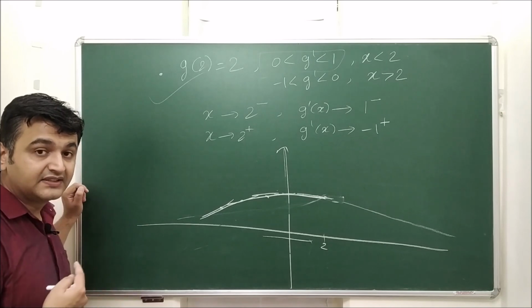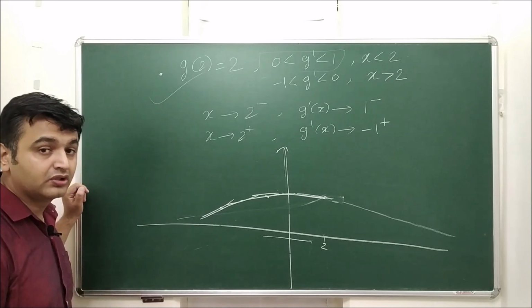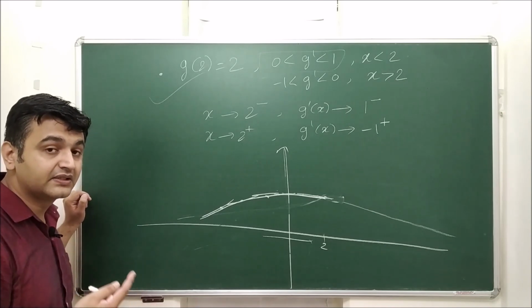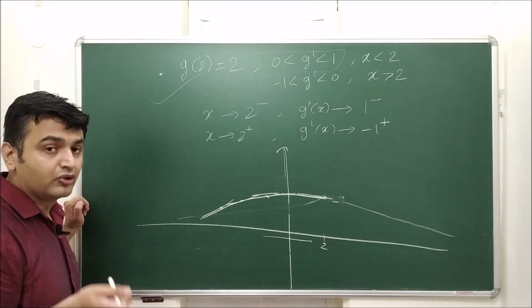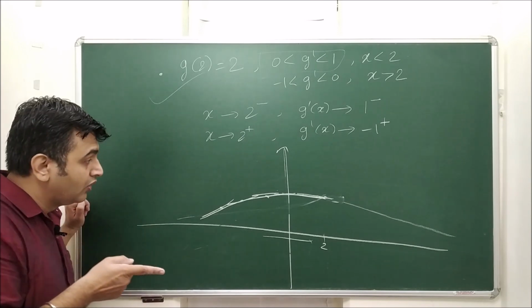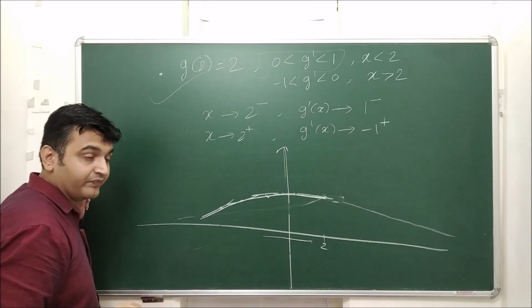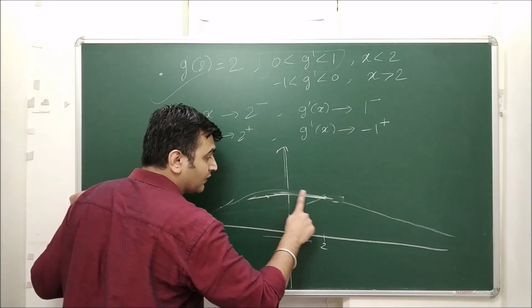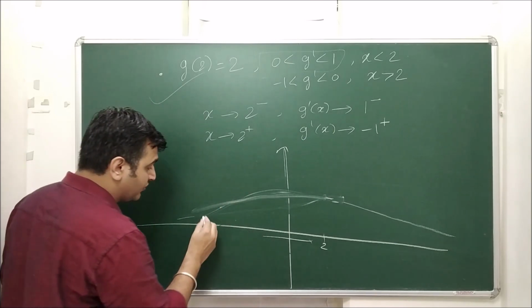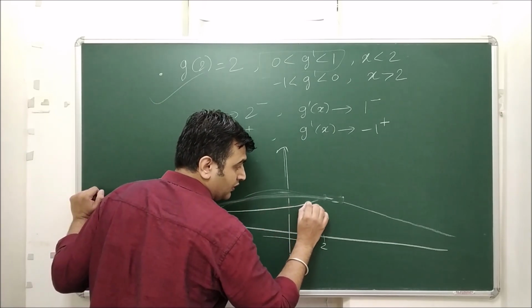That means the slope of the tangent line will approach 0 because a horizontal line has slope 0, whereas it is given that the slope approaches 1. So therefore it can't be concave up, it has to be concave down like this.